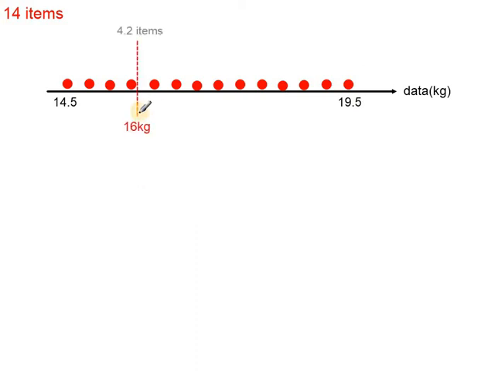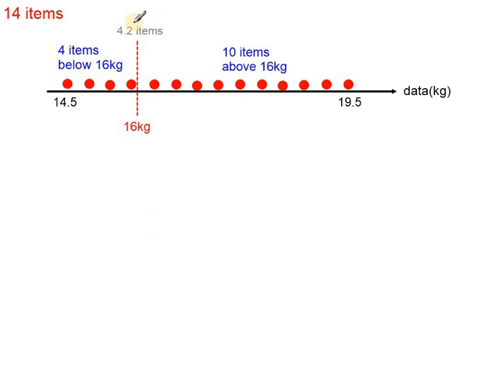Here is 16 kilograms, and we found 4.2 items, but we know that the number of items is discrete. You can't have 4.2 items. So 4 of them are below 16 kilograms and 10 are above 16 kilograms.